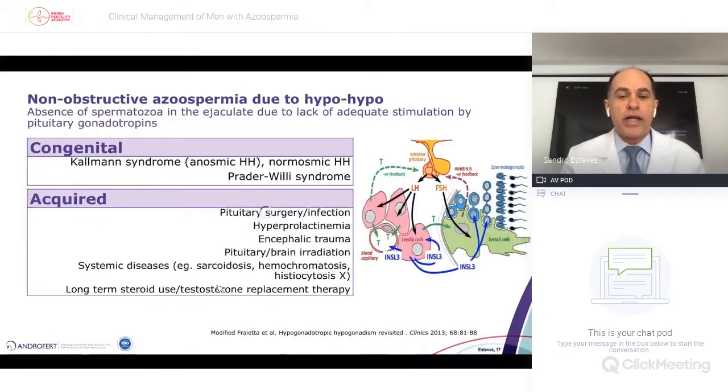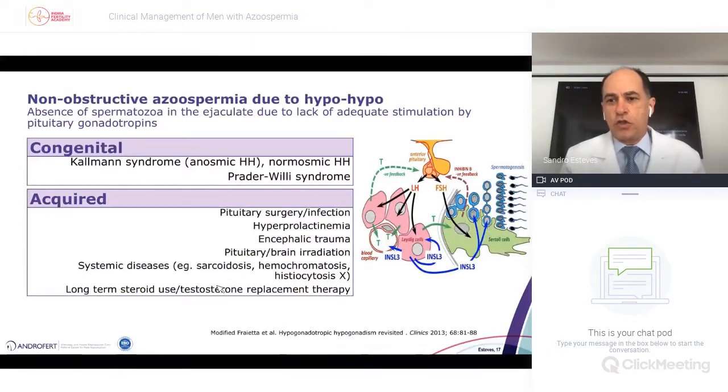Lastly, one condition that we see more and more in our clinic these days: patients using testosterone replacement therapy. When we take testosterone exogenously, it will cause supraphysiological testosterone levels, greater than 1,000 nanograms per deciliter. So this testosterone replacement therapy will block the pituitary, which will stop releasing LH and FSH, the important hormones to sustain spermatogenesis.